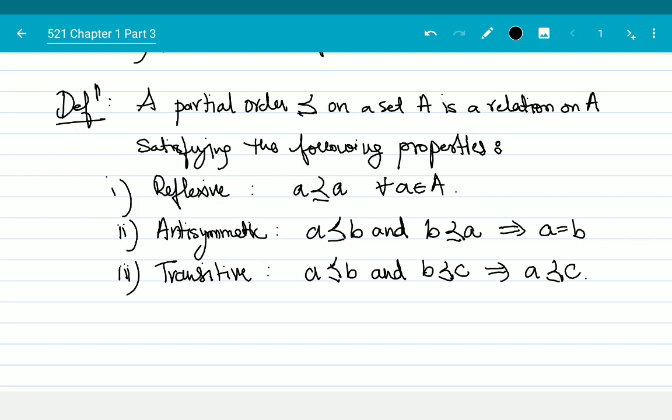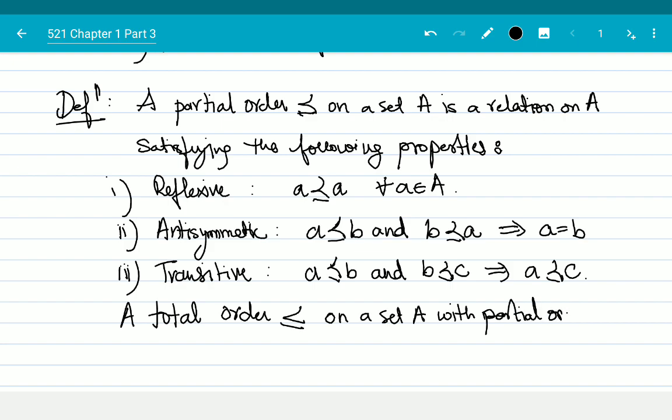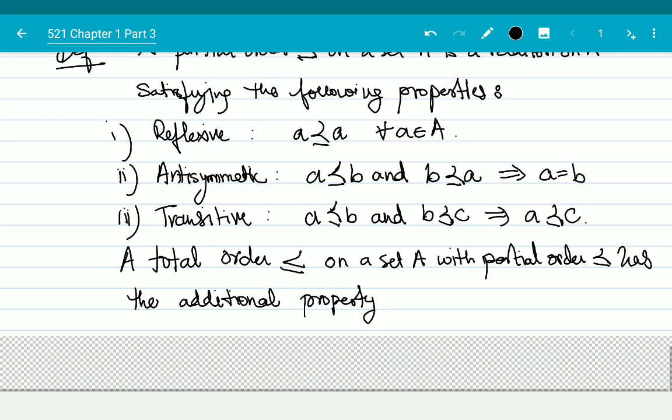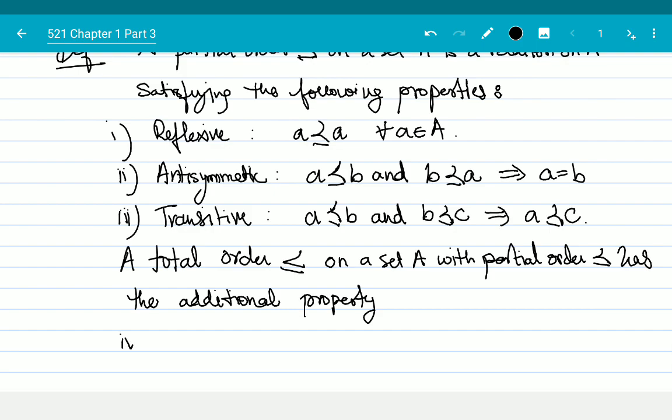A total order is a set A with a partial order that has the additional property that all elements should be comparable.